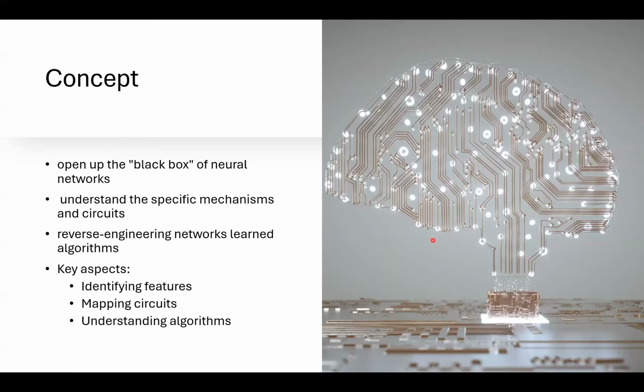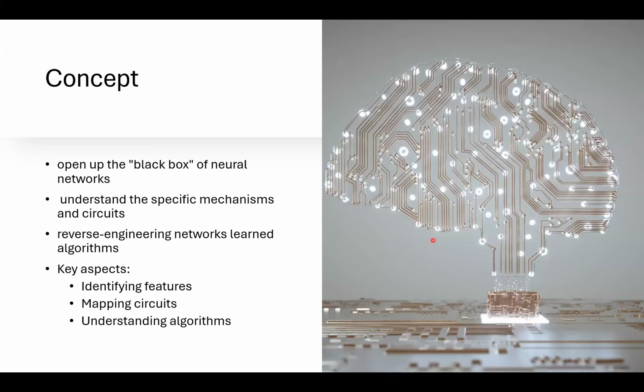The basic idea is to understand the specific mechanism and underlying circuits which the model deploys to compute a response or come up with an answer. The assumption is that we can treat these models as a network which learns some algorithm, and reverse engineer that network to see what algorithm it has learned.